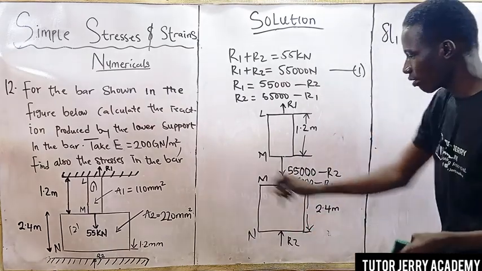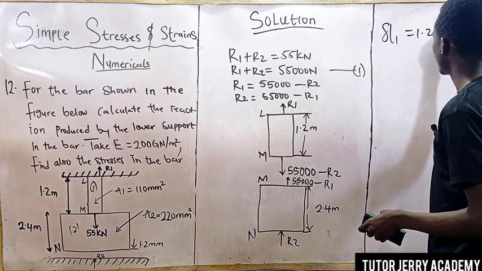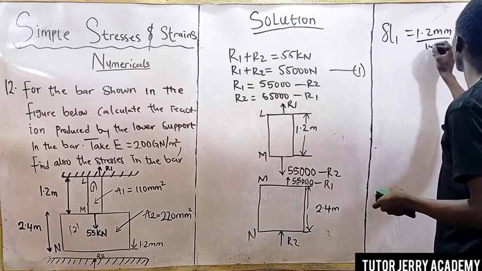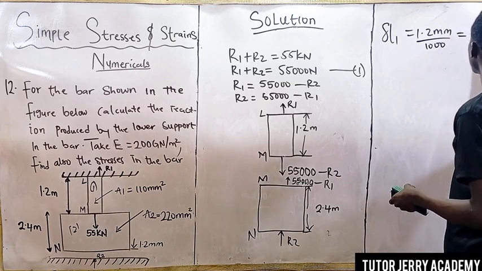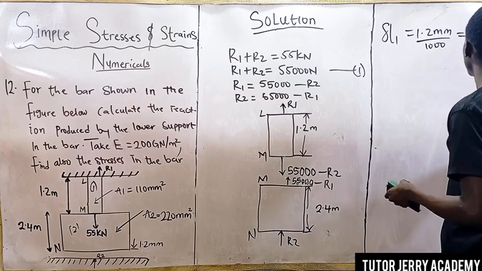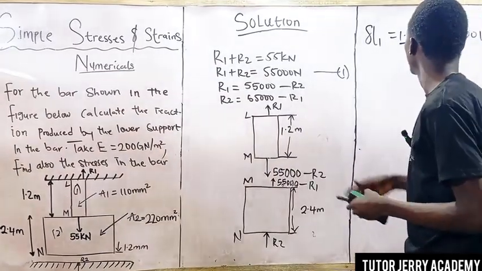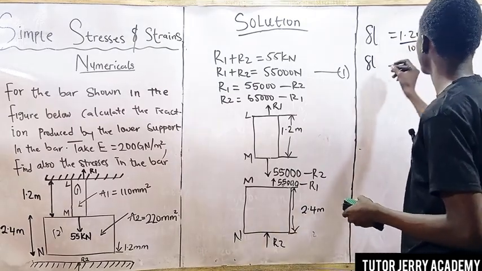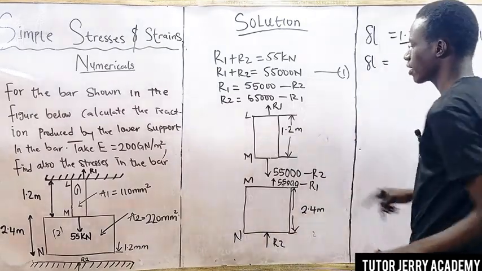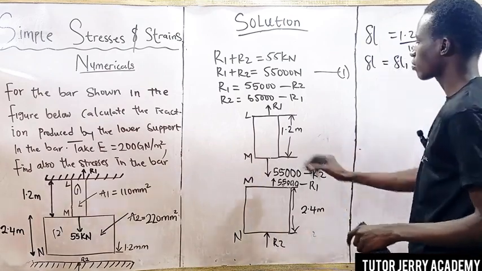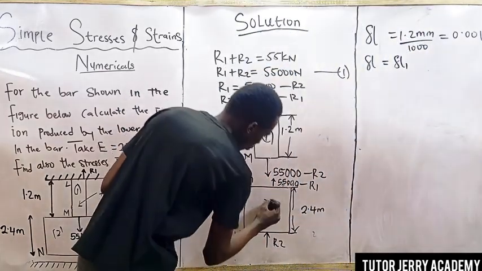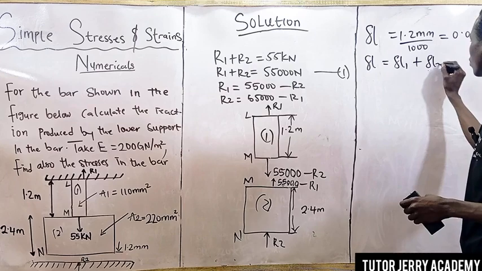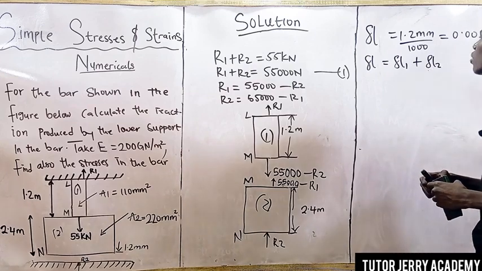The total elongation of 1.2 millimeters, we convert to meters by dividing by 1000, which equals 0.0012. So the total extension equals the extension of section 1 plus the extension of section 2.